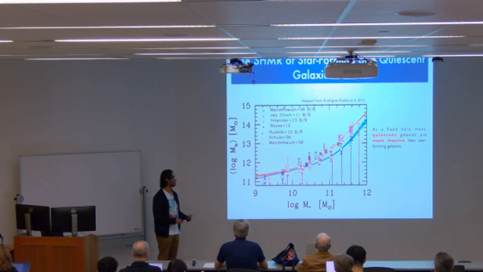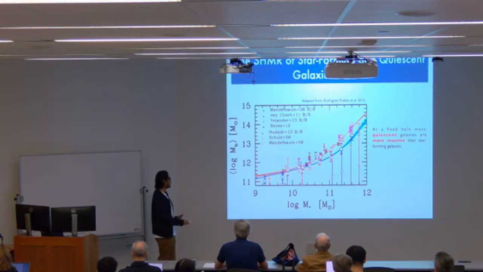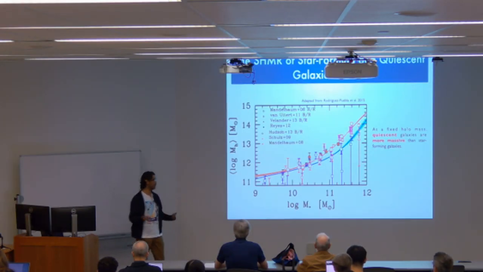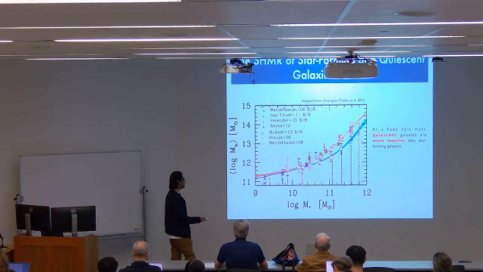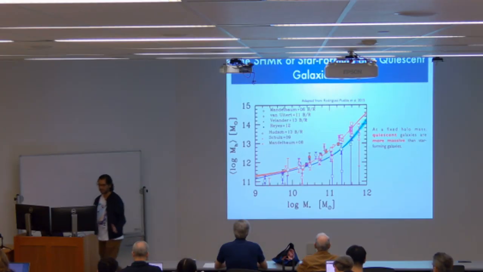There are some works based on weak lensing, satellite kinematics, or groups, where they show that for a fixed stellar mass, galaxies that are quiescent, red, or elliptical in morphology have larger halo mass than star-forming galaxies. And I'm talking only about central galaxies.